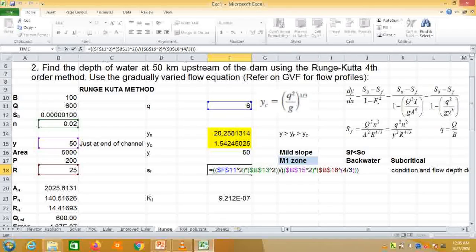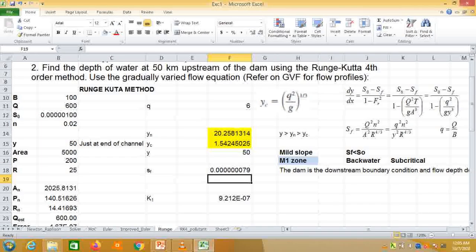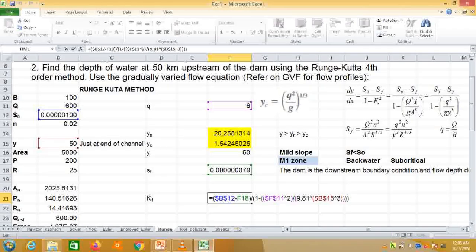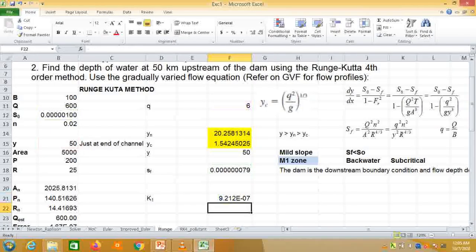So since we know SF, we can easily calculate dy per dx. That should give you the value of K1 here, which is S naught, the bed slope, minus the friction slope, over 1 minus q squared over acceleration due to gravity times depth cubed. So that's K1, at the initial point, at the dam site.